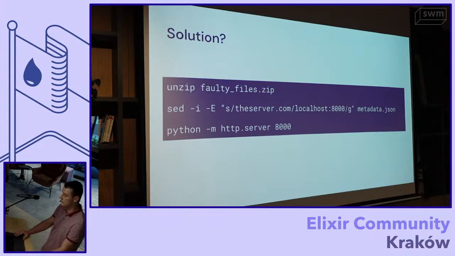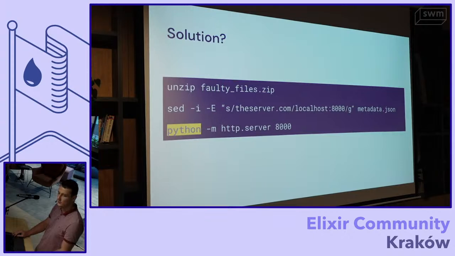We were getting them zipped, so we unzipped them, replaced the URLs in the JSON that was also provided with localhost, and ran a simple HTTP server so that our service could make requests there and download them. That was the first time I noticed that we had only an Elixir application, and out of nowhere the wild Python appears.